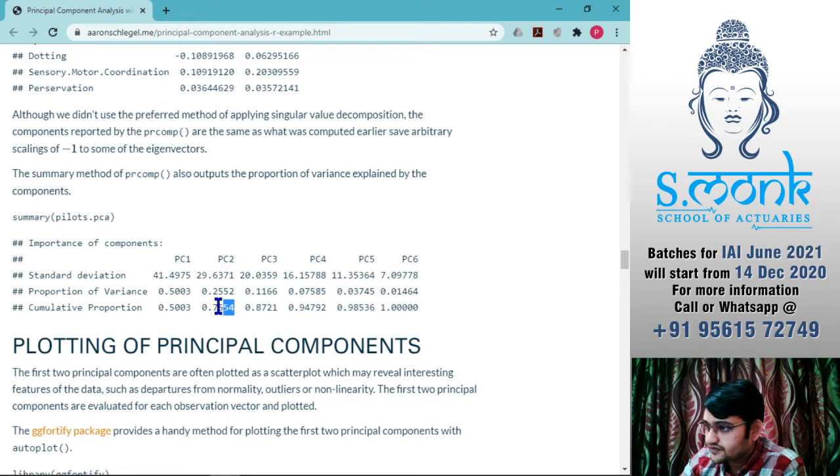The second component brings it to 75.5%, so these two together represent 75.5%. These three together represent 87.2%. These four together represent 94.7%, and these five together represent 98.5% of the data.